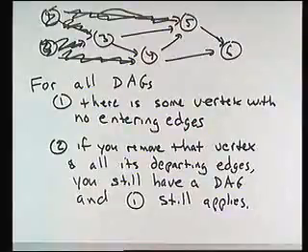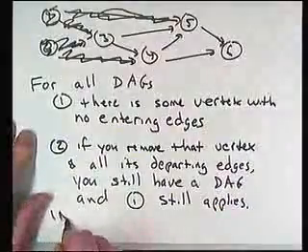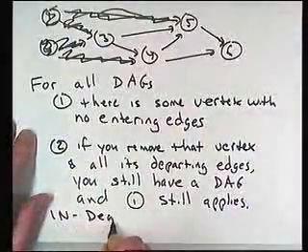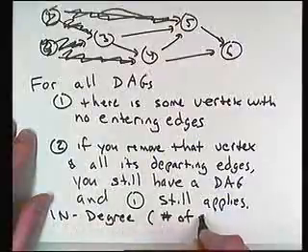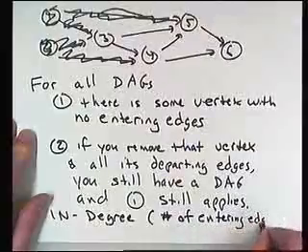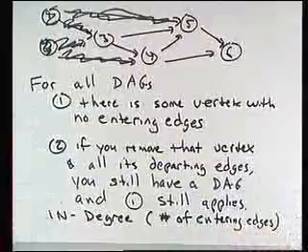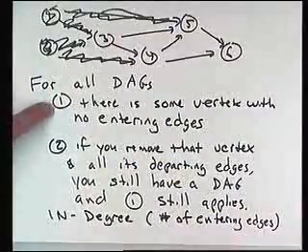And so we can use those two ideas to make up an algorithm that will let us find a topological sort. We can basically remove such vertices one by one. We will use the term indegree here, where we say the indegree is the number of entering edges, and so what we're really looking for here, we're saying there is some vertex with indegree equal to 0.